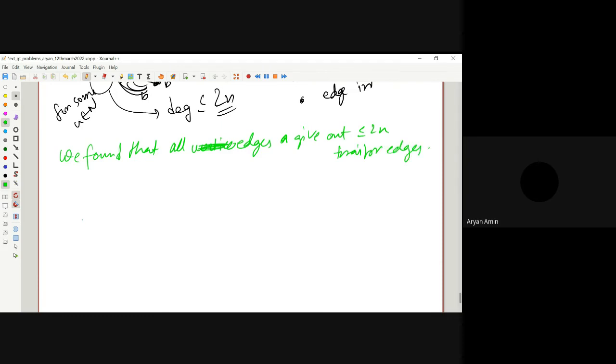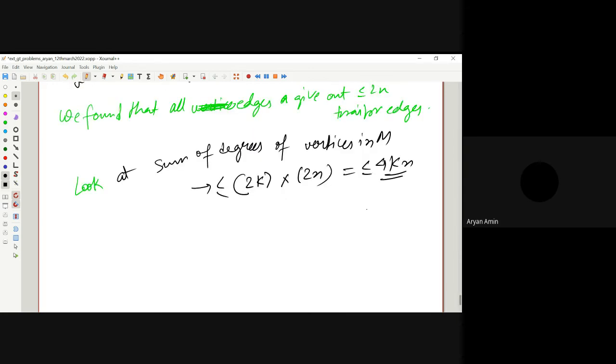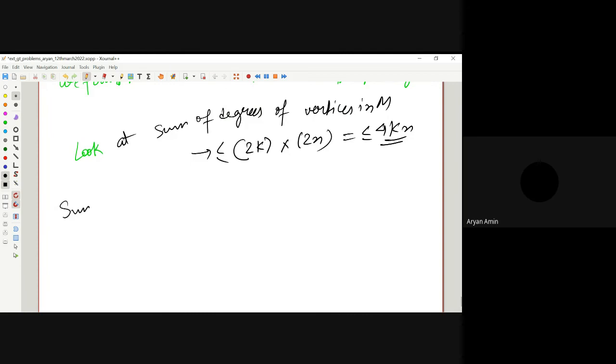Now look at the sum of degrees of vertices in M. There are 2k vertices and each one of them has degree at most 2n, so the sum is at most 4kn, right? Now what is the sum of degrees of vertices in M?